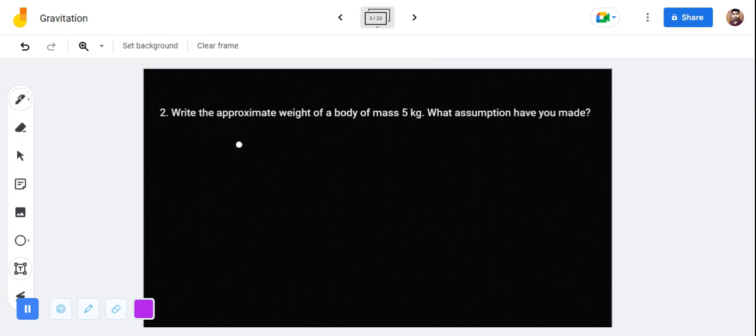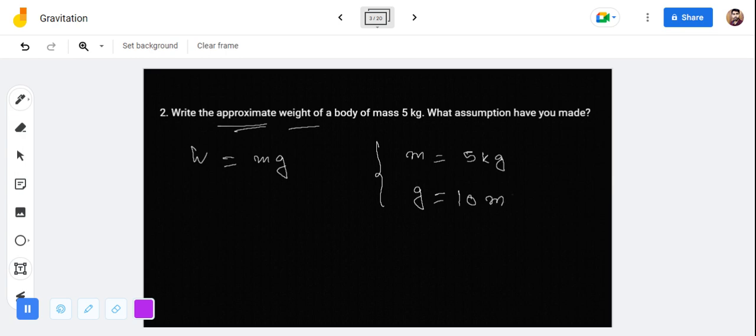Next question is: write the approximate weight of a body of mass 5 kg. What assumption have you made? Now we know that the formula of weight of a body is W equal to m into g, where m is the mass of the body, given as 5 kg, and g is acceleration due to gravity. But we have to find the approximate weight, so we assume that the acceleration due to gravity is 10 meter per second square.